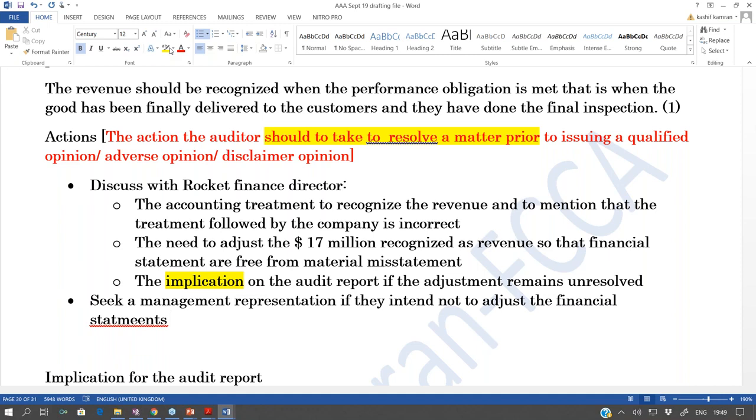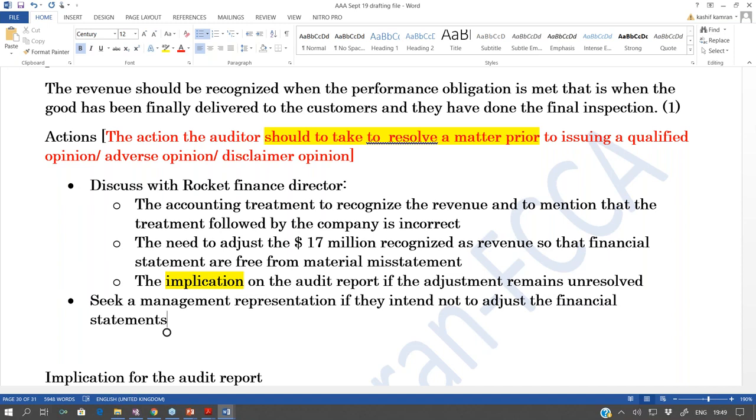Seek a management representation if they intend not to adjust the financial statement. So they should give you in writing that we're not adjusting the financial statement, and that they don't agree with the auditor. See the importance of this point. Are you trying to intimidate the management? Give us a representation that you don't intend to adjust the financial statement.